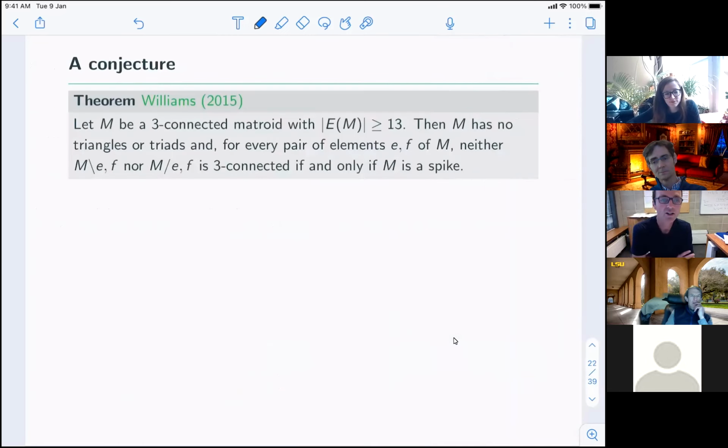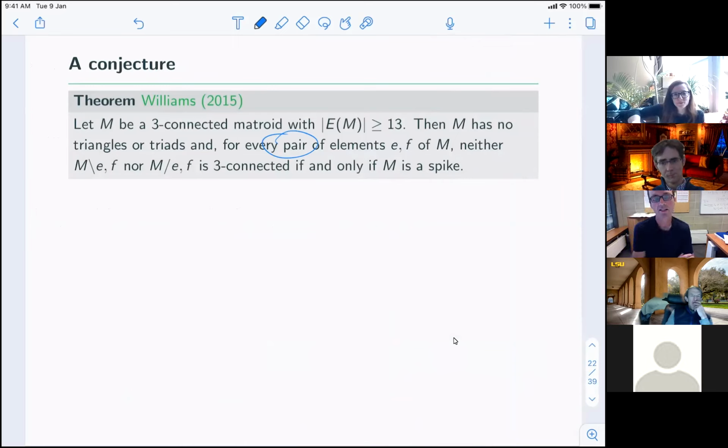So here's a theorem of Alan Williams, who was a student of Jeff's in 2015. It appears in his PhD thesis. If M is a 3-connected matroid with at least 13 elements, and M has no triangles or triads, and for every pair of elements, neither their deletion nor their contraction is 3-connected, then you must be a spike. And spikes are the only ones with those properties.